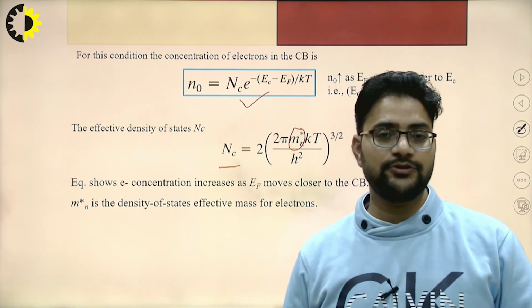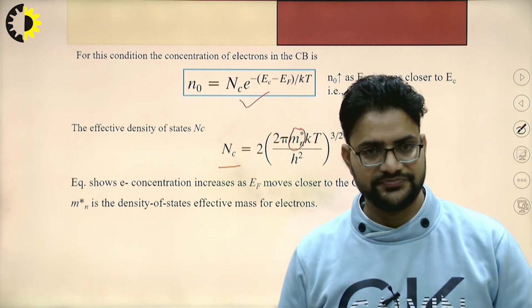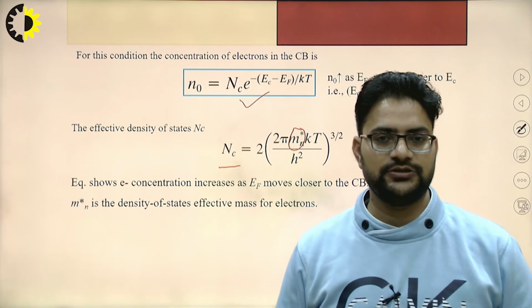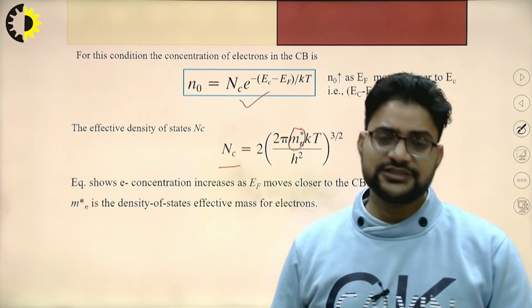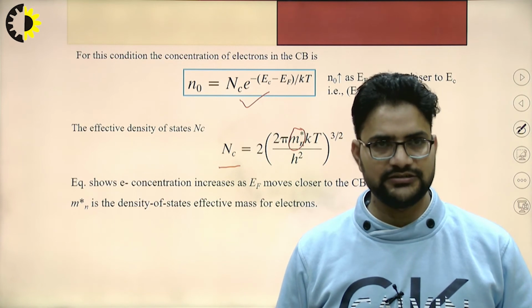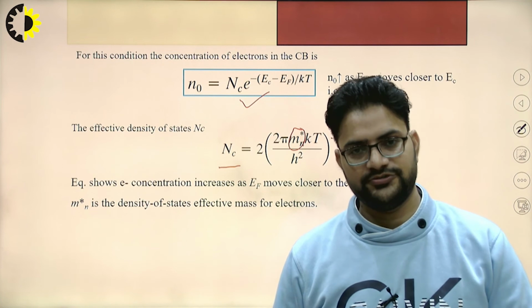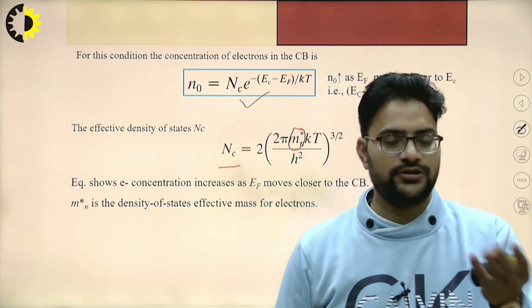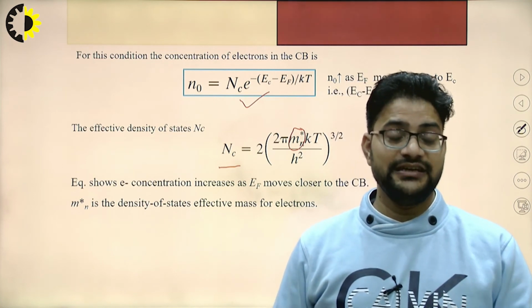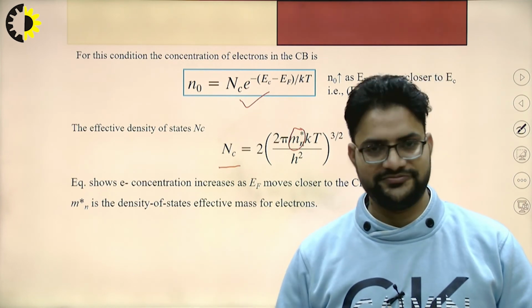We had discussed the effective mass of the electron in the previous video lectures. What is the effective mass of the electron? Actually, the rest mass of the electron is 9.11 into 10 to the minus 31 kg, but this is not the effective mass of the electron. It is something else, and we can say that it is actually higher than the rest mass of the electron.